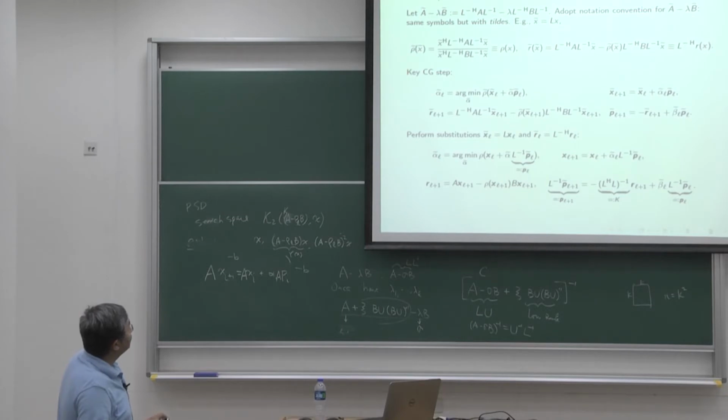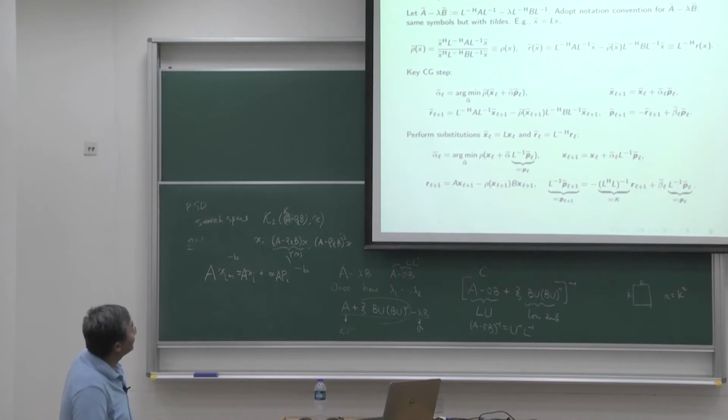Now perform a simple substitution: x tilde equal to Lx, and r tilde equal to L inverse H r. You plug in, and you discover alpha tilde becomes alpha, and x is updated like that.